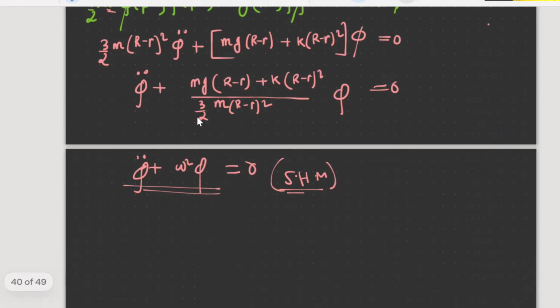You see, we are getting omega square is this term, the entire term is omega square. So we got the value of omega square to be that one, that is mg. We'll just divide the entire thing by the denominator. So it is going to be 2g by 3 of R minus r, plus if we divide that term it is going to be 2 by 3 k by m.